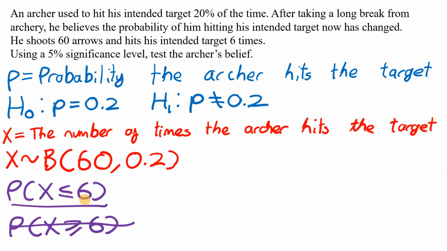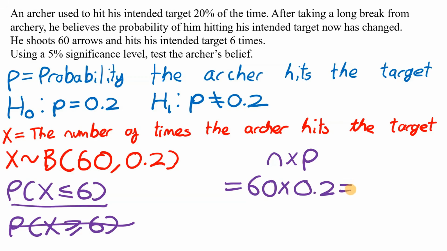If you do struggle with this though, there's something it talks about in the textbook, and it's mentioned on the specification as well. You can calculate something called the expected outcome by doing n multiplied by p. So for this question, n is 60 and this is multiplied by p, which is 0.2. If you put this into your calculator, this is 12. This is the expected outcome. And if the observed outcome is lower than the expected outcome, we are testing if the probability has gone down.